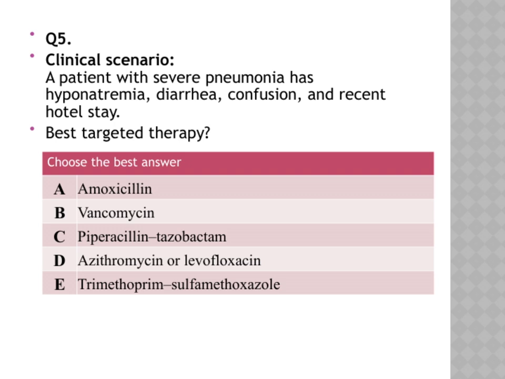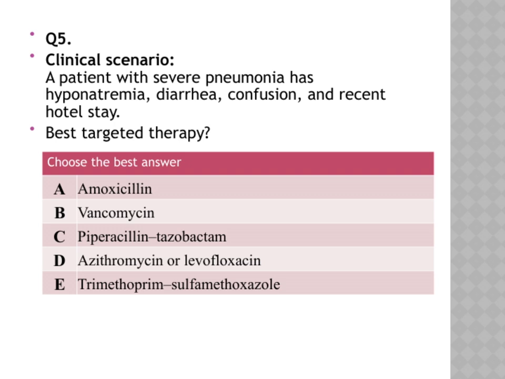On the other hand, azithromycin and levofloxacin are well known for their activity against atypical pathogens like Legionella. They are often the go-to antibiotics for atypical pneumonia, especially in cases with travel history and symptoms suggestive of Legionella. Trimethoprim sulfamethoxazole is more commonly used for other infections like pneumocystis pneumonia, not Legionella.